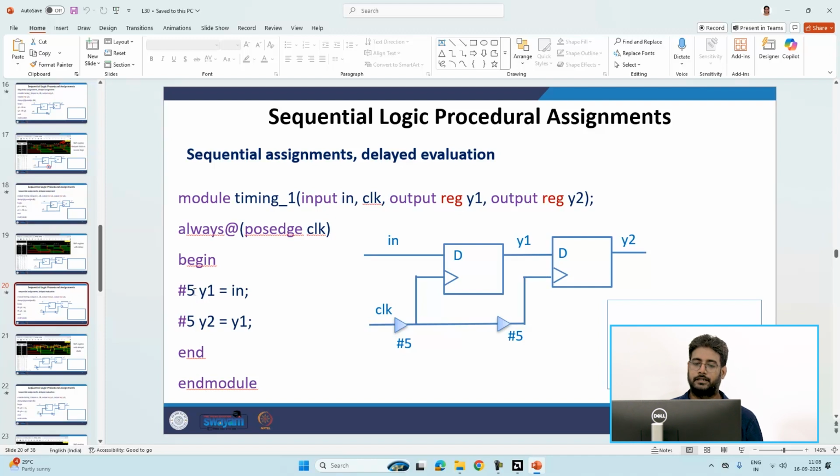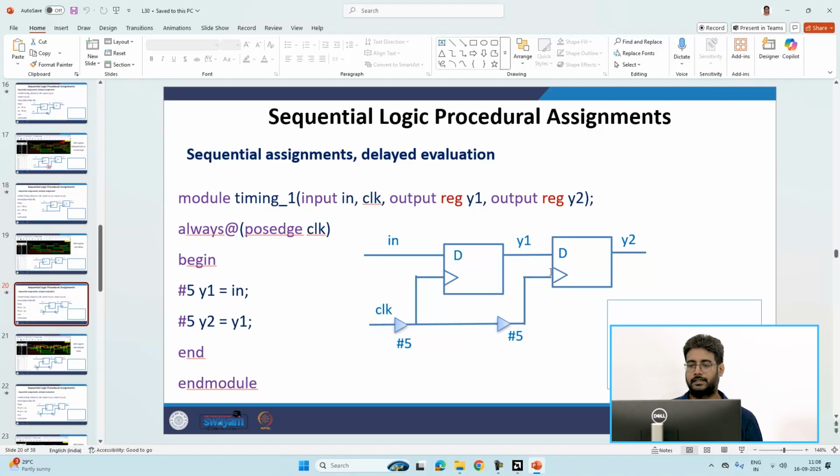So the blocking assignment is here. #5 means delay in the clock, and #5 means again a delay in the clock. But only after execution of this block, after assignment happens in this first statement, then again after 5 time units delay, this evaluation assignment will take place.